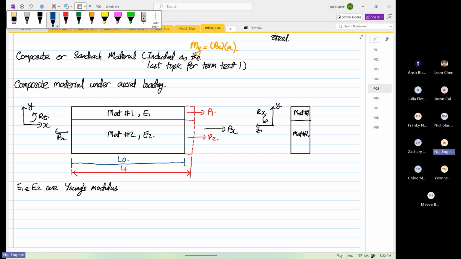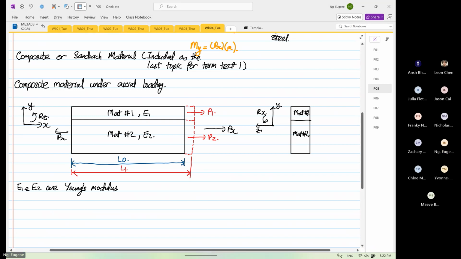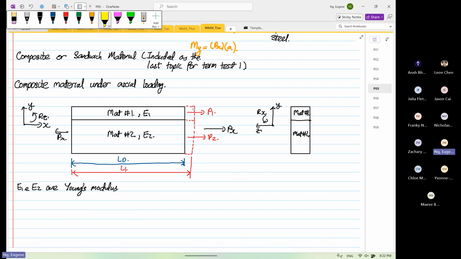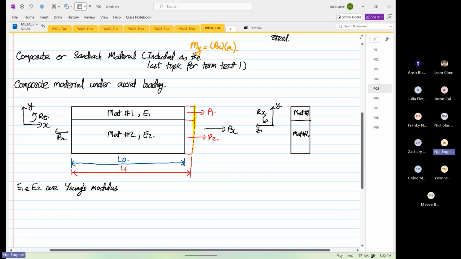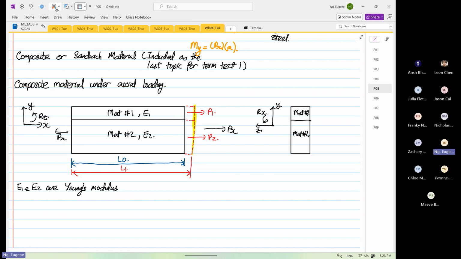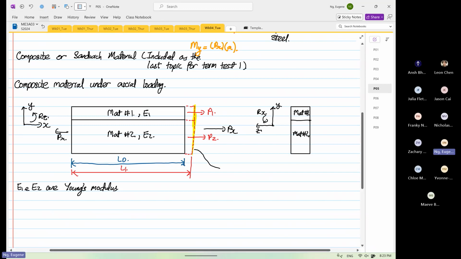This line over here that I'm shading now, we are making an assumption.